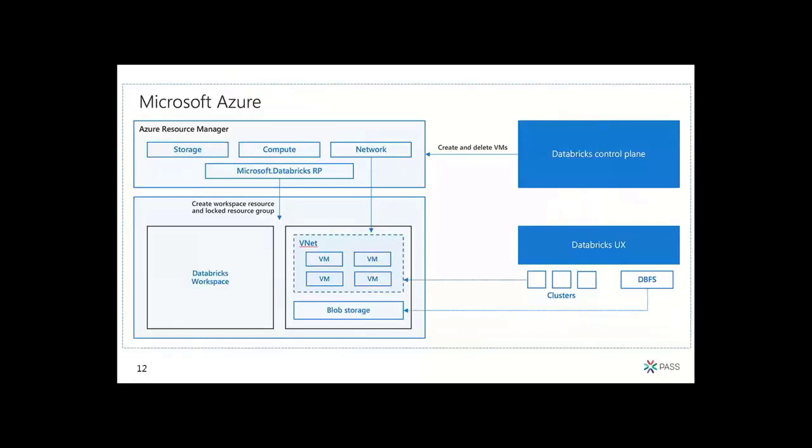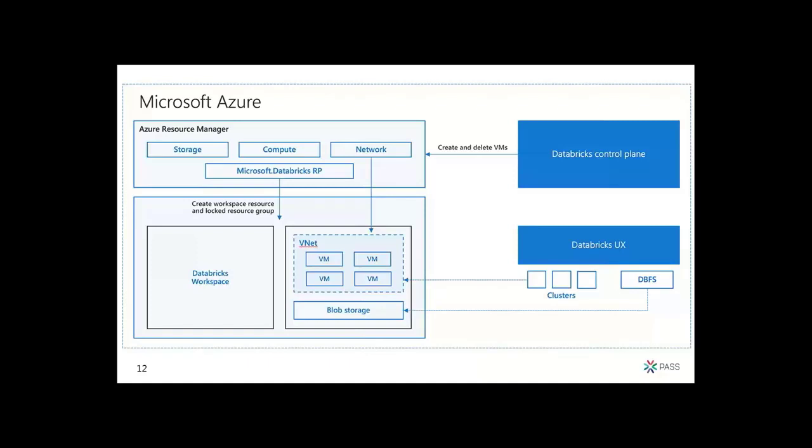So this is a high-level architecture showing how Databricks operates on Azure Enterprise Cloud. So Azure Databricks is Apache Spark, developed by the Databricks team, and it is combined with Enterprise Cloud, that is Microsoft Azure.